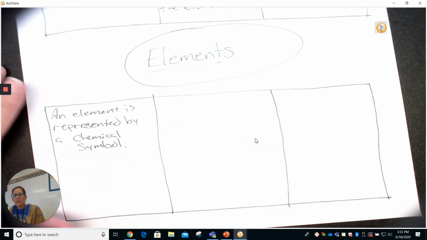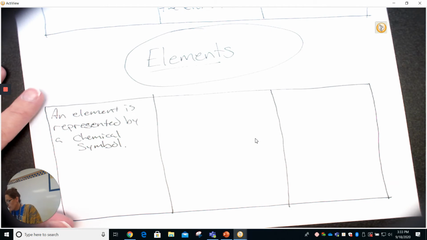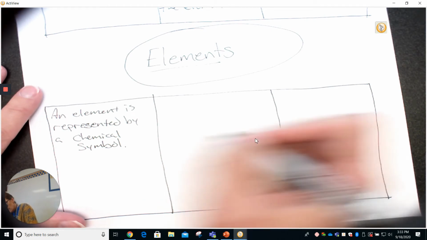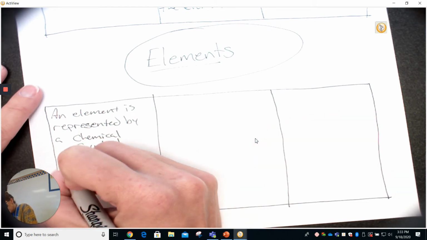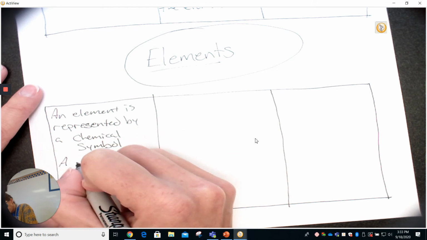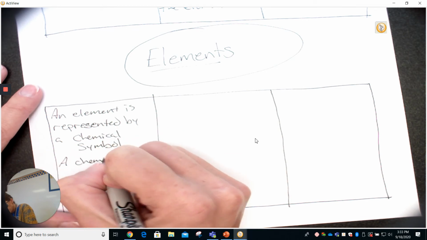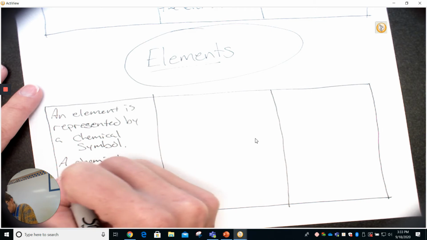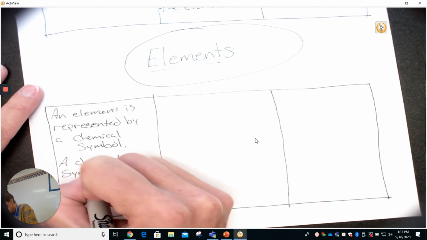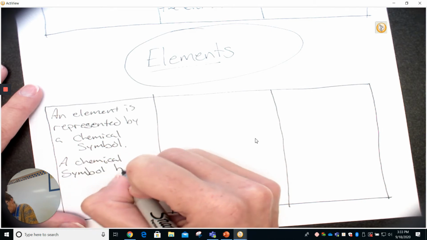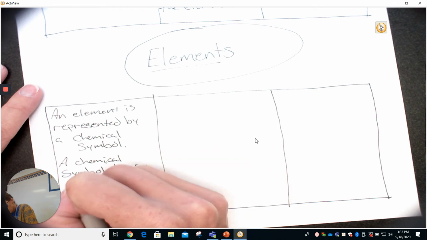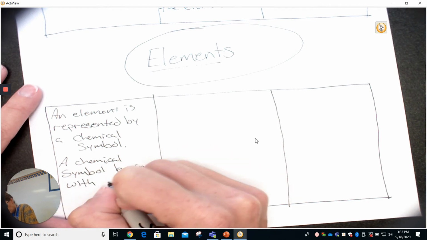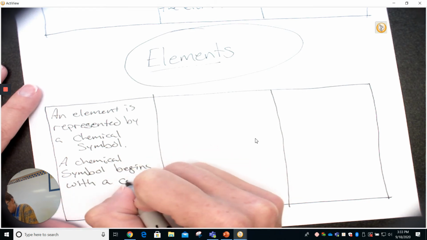If you remember, a chemical symbol is one of your vocabulary words. And then down here, we're going to say a chemical symbol begins with a capital letter.